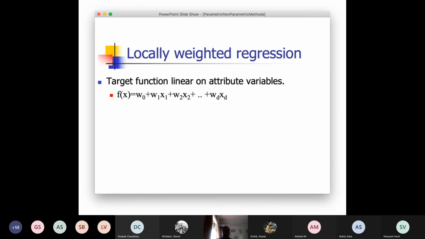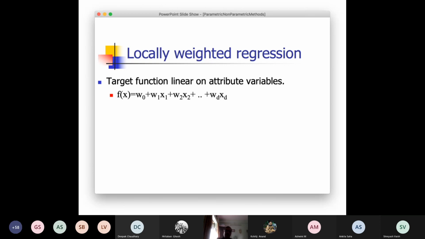That means you define a best fit error, and then you have to compute the set of coefficients which will minimize that best fit error. That is one way of formulating this problem. You might have gone through the least square error estimates in your basic courses. Those techniques are used for solving the regression problem, and those problems are defined in the framework of regression. So that is what the regression problem is here.